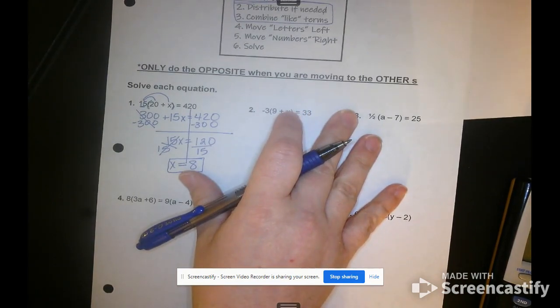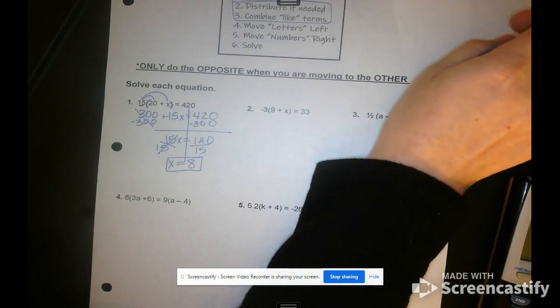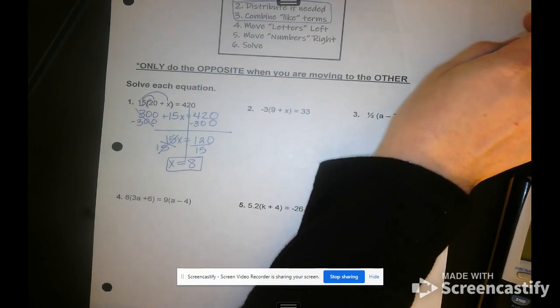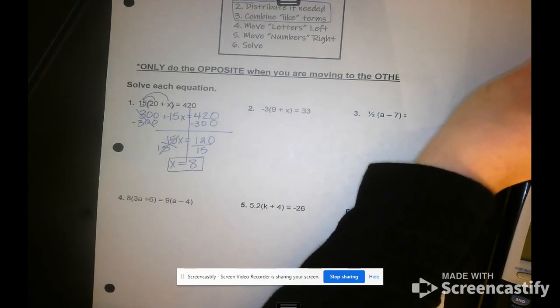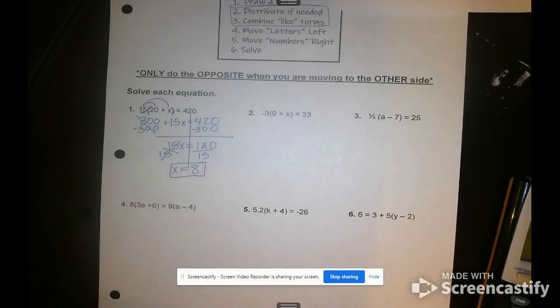You don't use 27 again. You bring this down, so it's negative 3x equals 60. But you got to that part, right? But then you use that. So you do that divided by that? 60 divided by negative 3.